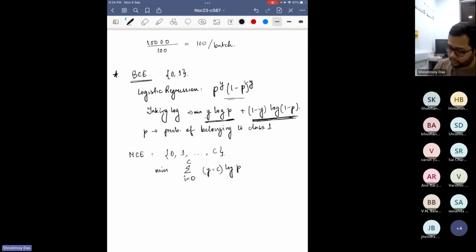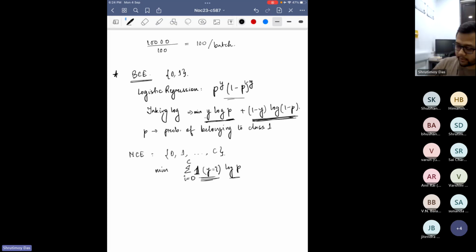So this is an indicator vector which says whether your data point belongs to class i or not, and log P. So this is a multi-class cross entropy loss.